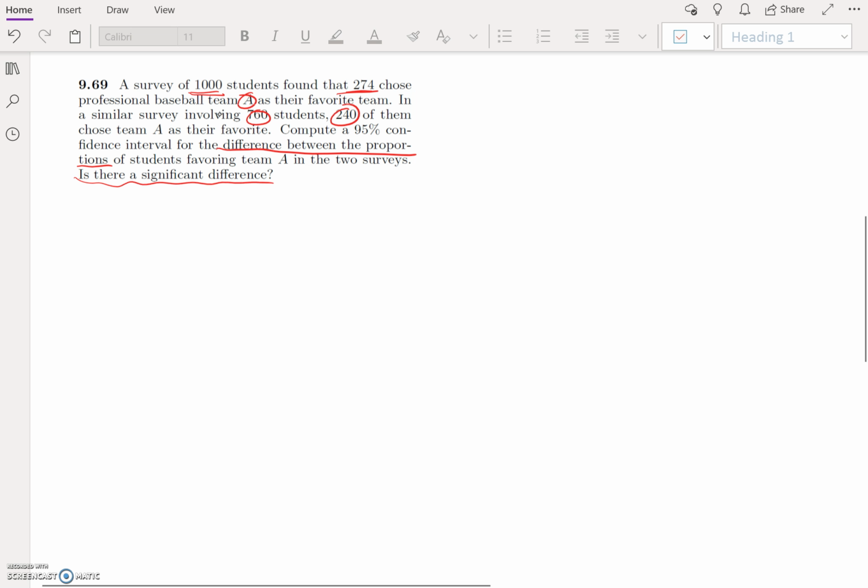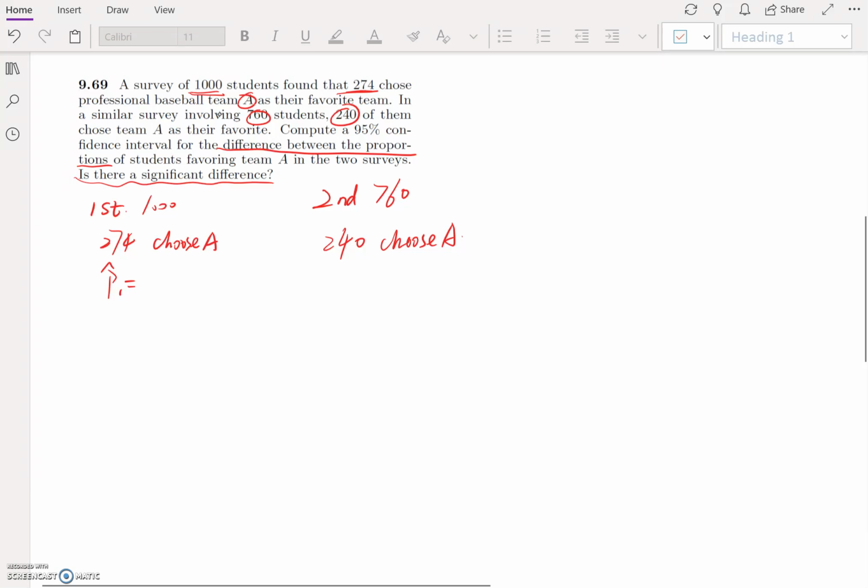So it's a similar question to the first one. The first survey contains 1,000 students and 274 chose A. The second survey has 760 students and 240 chose A. So we just use the same formula.